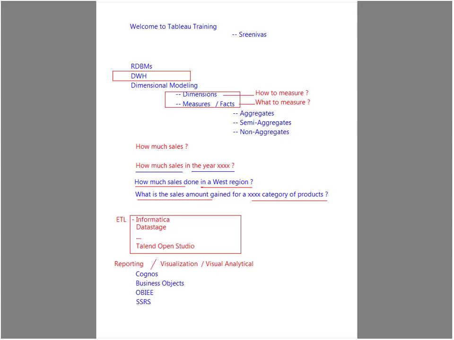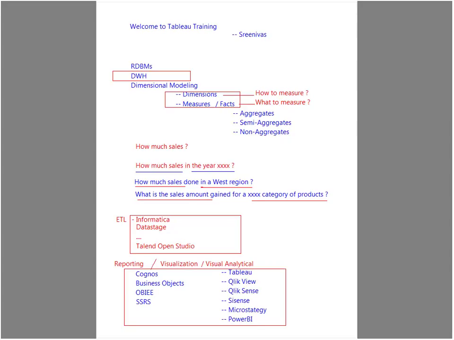These visualization tools are available. These are the latest trend of reporting that is being done. So a lot of tools are available these days. Visual analytical tools, visualization tools, in general we call them. They all come under one bucket of reporting or visualization or visual analytical tools for us.